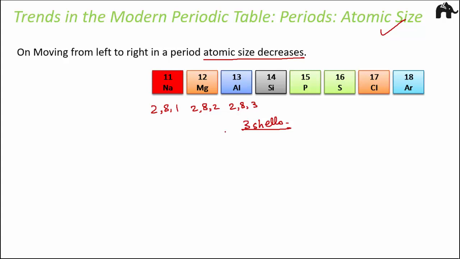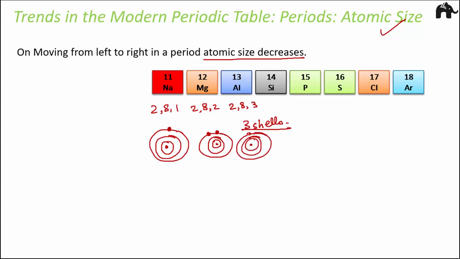That is because as we move from left to right, the number of valence electrons is increasing. Even if there are 3 shells, in the outermost shell sodium has 1 electron, magnesium has 2 electrons, and aluminium has 3 electrons.